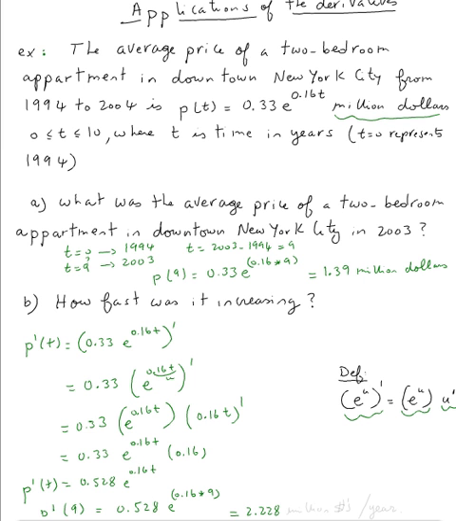And remember, the unit of the derivative will be the unit of P per unit of t, which is million dollars per year. And that's it for this example.